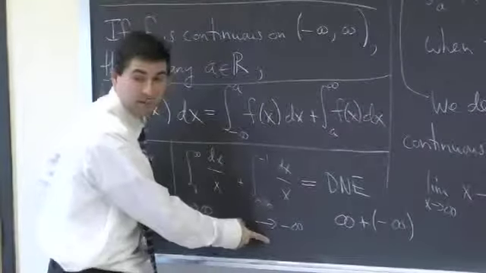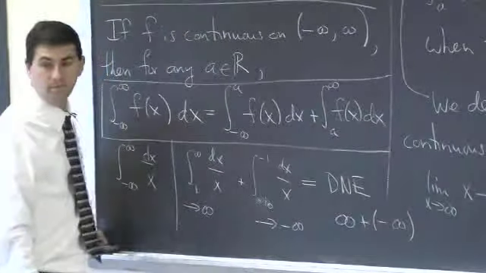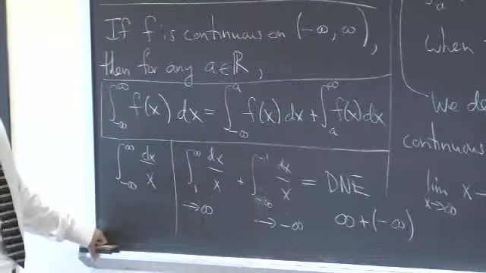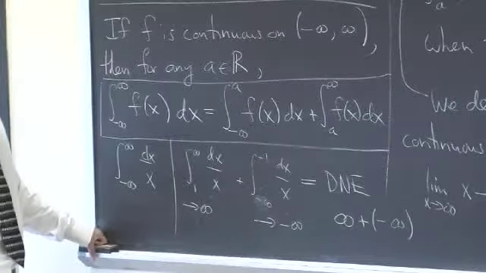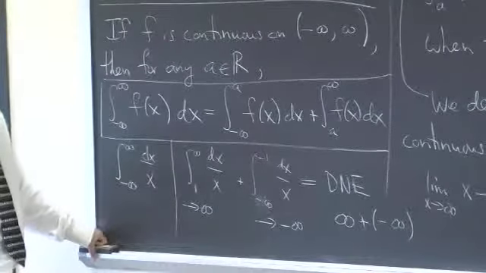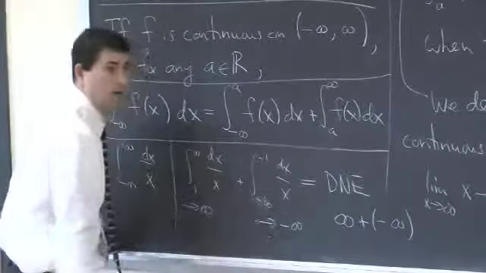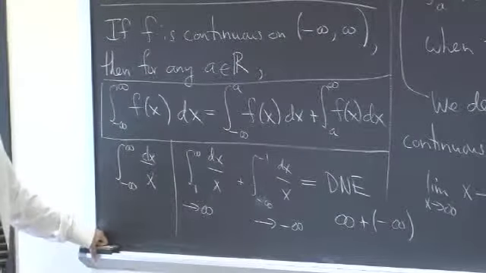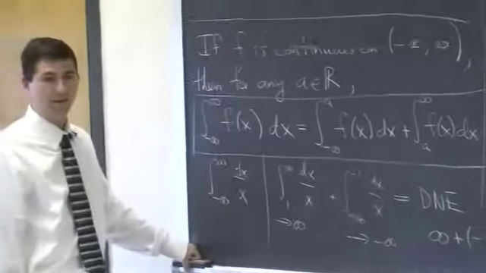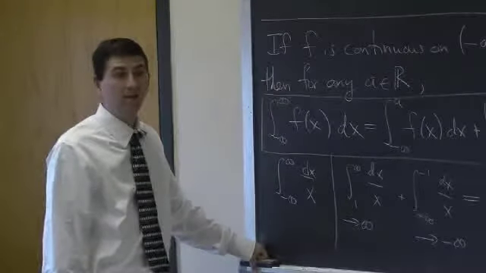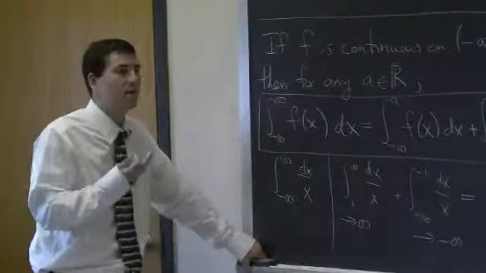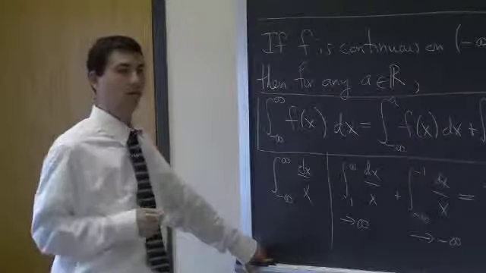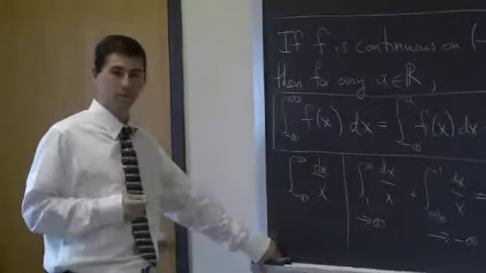This goes to minus infinity, so you can't add them together. Because, I mean, what would it be? Infinity plus minus infinity. There's a lot of different answers to that question. It doesn't make any sense, because we have not defined plus in regards to infinities. It only is defined for real numbers.